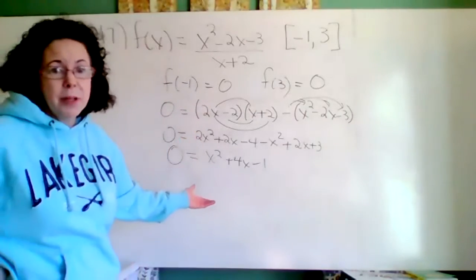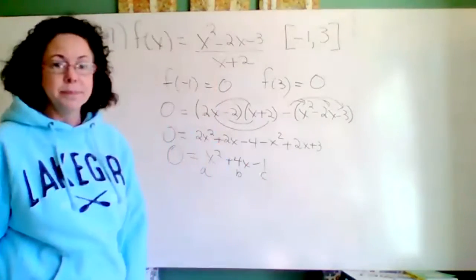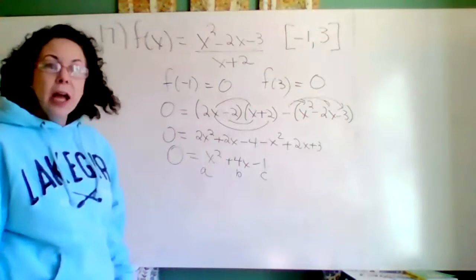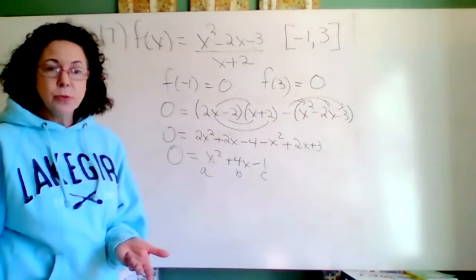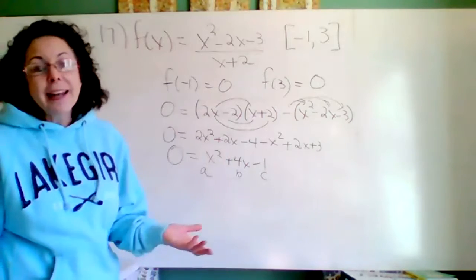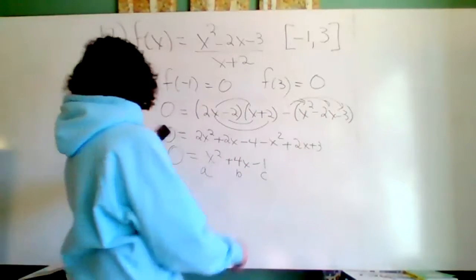That's the quadratic formula, where this is my A, this is my B, and this is my C. Did you see on 17 that the answer was super weird with the square root? It's the quadratic formula. So I'm going to go ahead and do the quadratic formula.